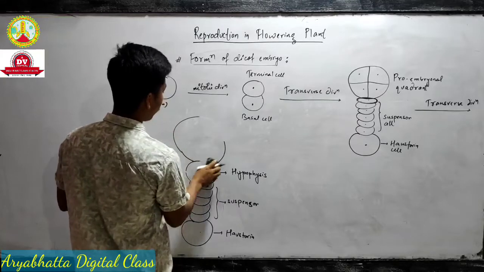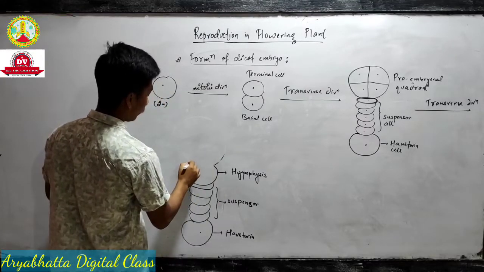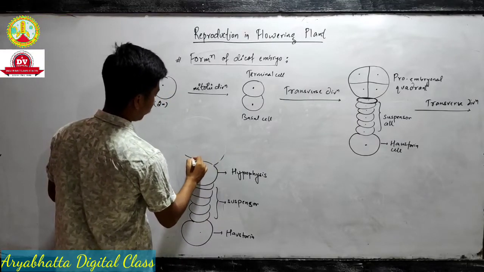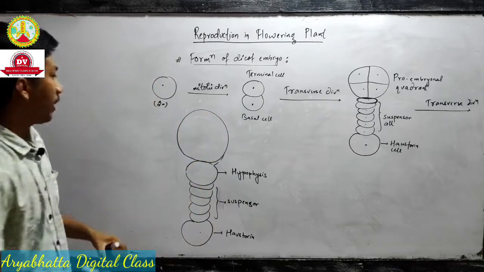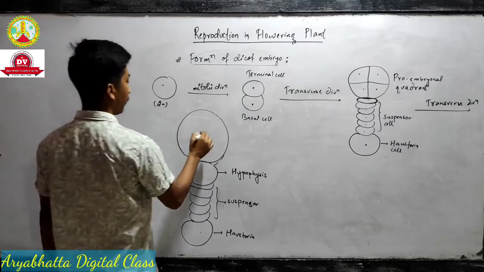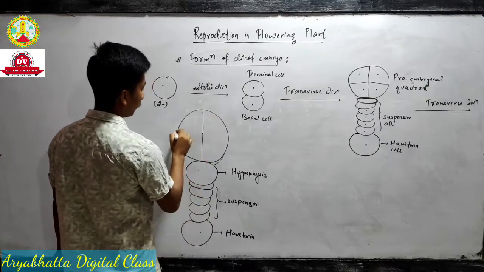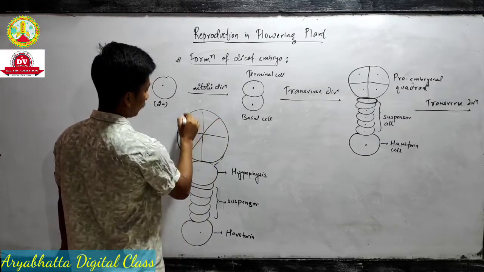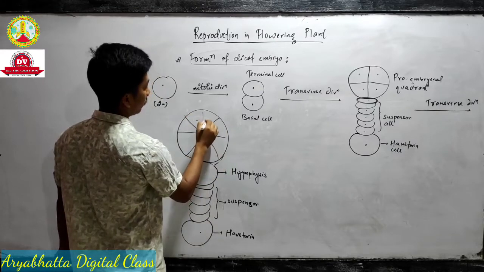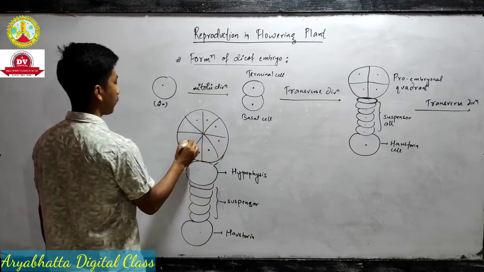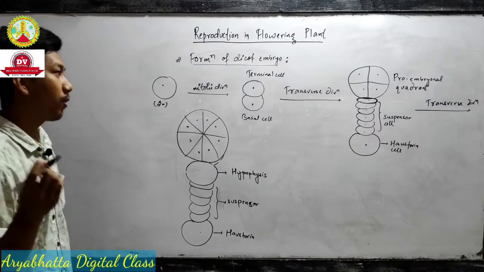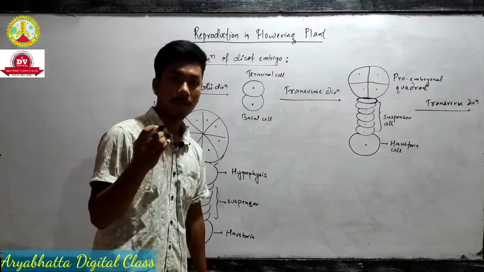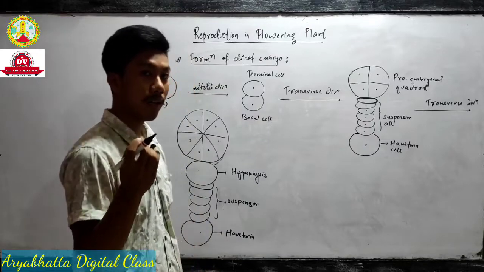Make it round. 1, 2, 3, 4, 5, 6, 7, 8. So after further transverse division, the pro-embryonal quadrant will give rise to a group of 8 cells attached together.